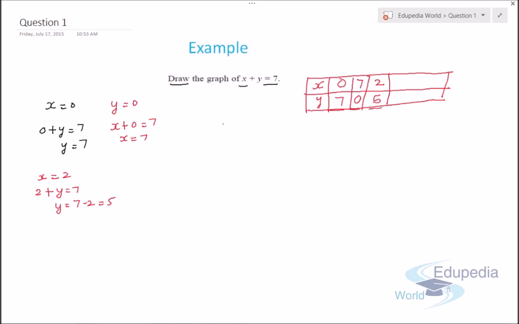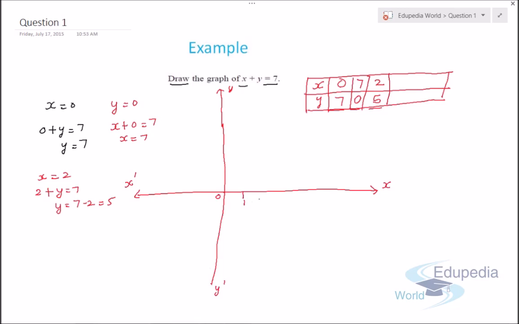So in the next step we'll draw a Cartesian system. Again we use the number lines like this to represent the solution. This is y, this is y dash, this is x dash, and this is x. Now this is the origin.